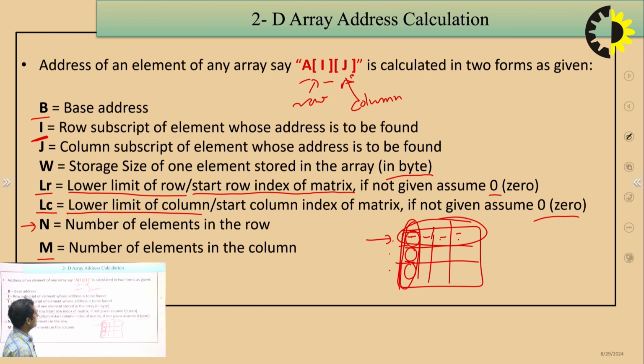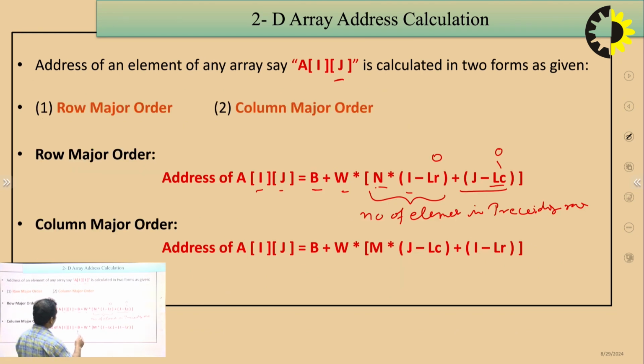So in this manner we can derive the formula: B plus W into the number of elements before that particular element, that is M, the number of elements in each column, into... Now in the row-major case that was I, but here this is J, because J is the column index: J minus LC, where LC is the lower limit of the column, plus the element in the place of I, minus LR, where LR is the lower limit of the row.